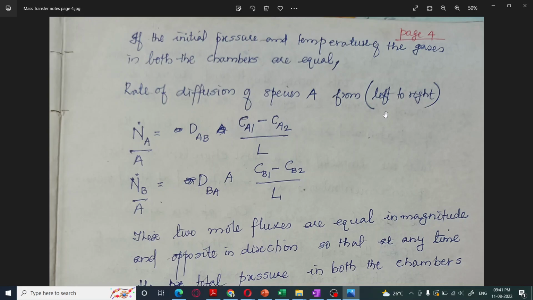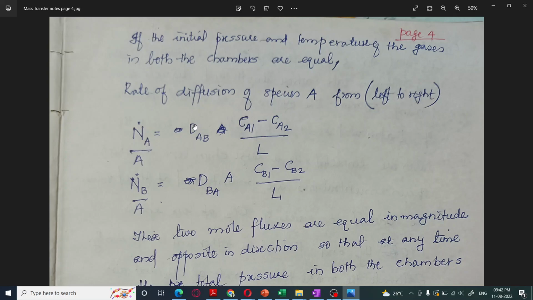Just like we make the equations for heat conduction, we can make the equation for mass diffusion in this case. If we write the mass flux N_A divided by A, this suffix A stands for the component A and this A stands for the area A, don't be confused with that.